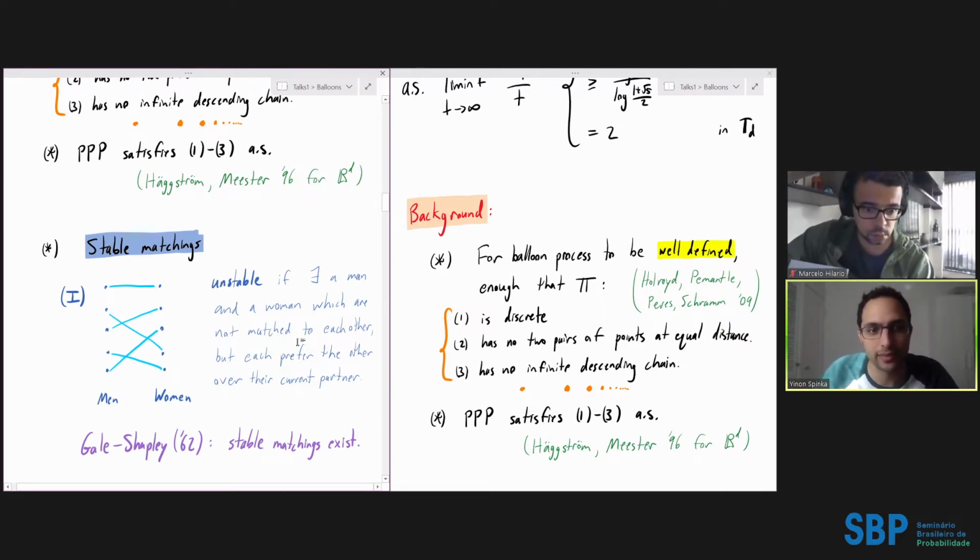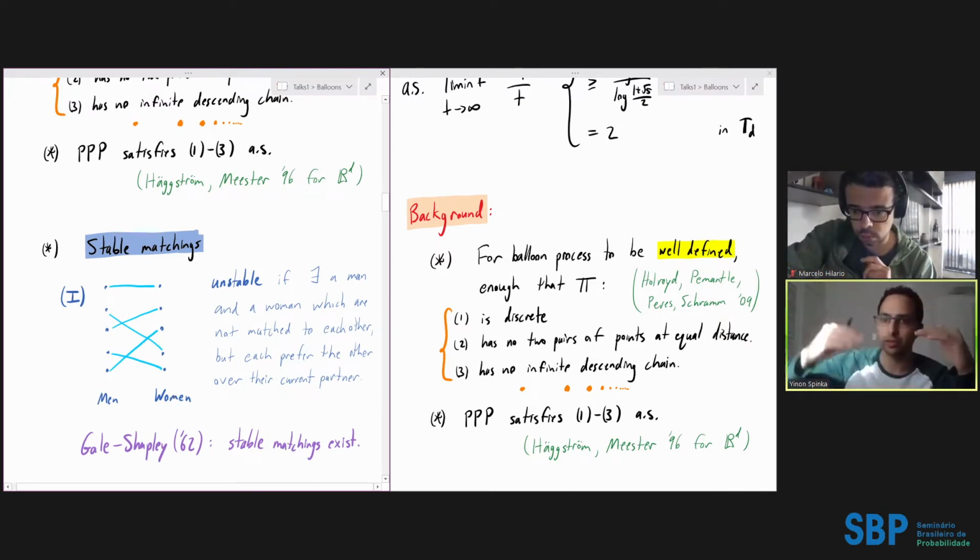So in the classical setting, you have n men and n women, and you'd like to match them to each other to create a perfect matching where every man is matched to a woman and vice versa. And we assume that every man has a ranking, a preference order on the set of women, and every woman has a preference order on the set of men.